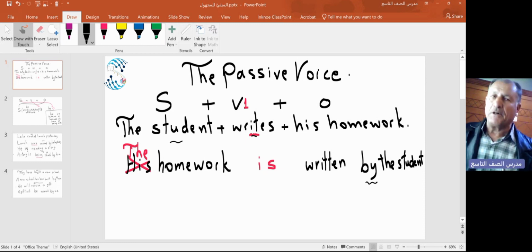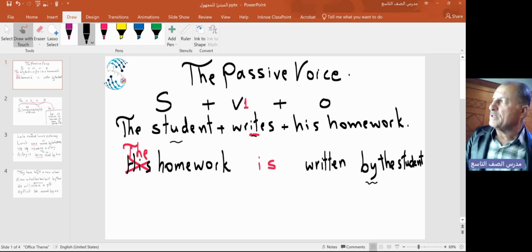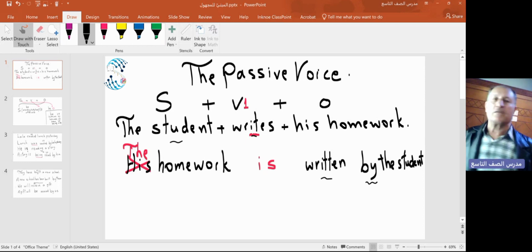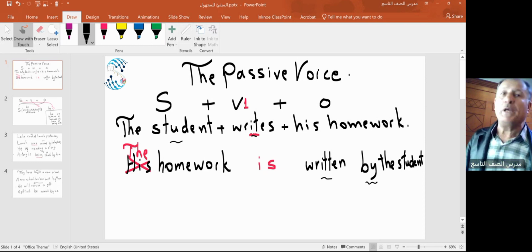Now, the verb in the sentence, whatever it was, verb 1, verb 2, verb 3, verb ing, whatever the verb is, becomes verb 3. It's converted into verb 3. And we insert the verb be, in the form of the original verb or of the main verb.